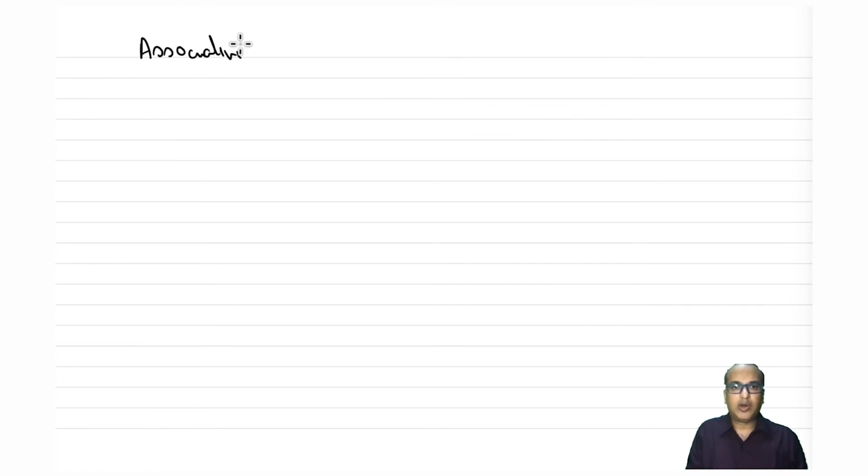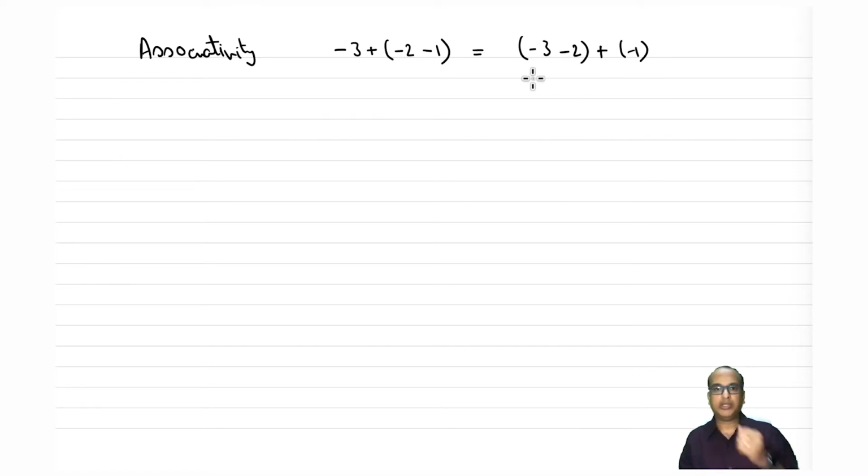So again, this is all when combination is equal to addition. For associativity, (-3 + -2) + -1 must be equal to -3 + (-2 + -1), right? So this holds. We all know that it will hold. So associativity also applies.